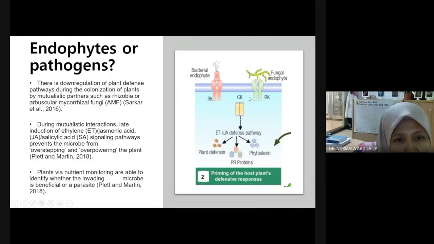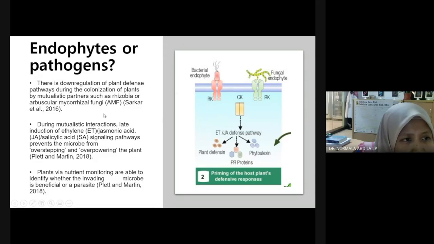The second line is also a kinase. So they can recognize whether it is bacterial or fungal, and then this will activate the plant defensins, PR proteins, and also the phytoalexin pathway in the host plant's defense response.